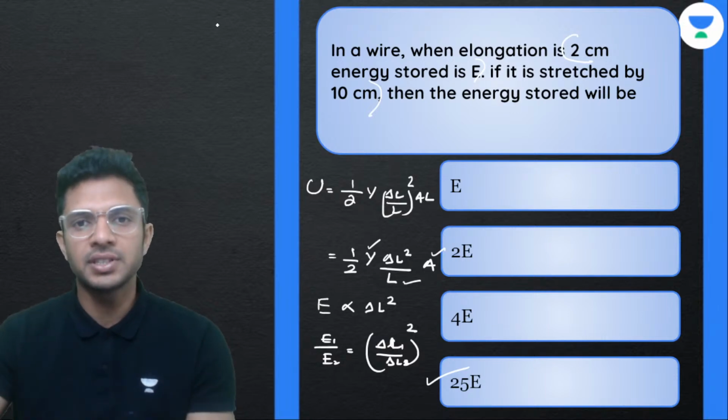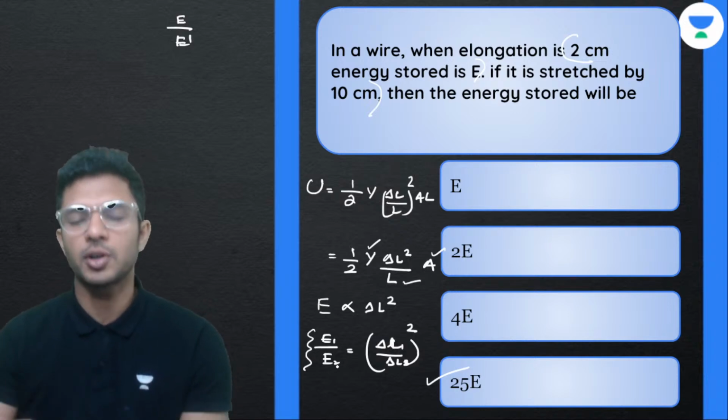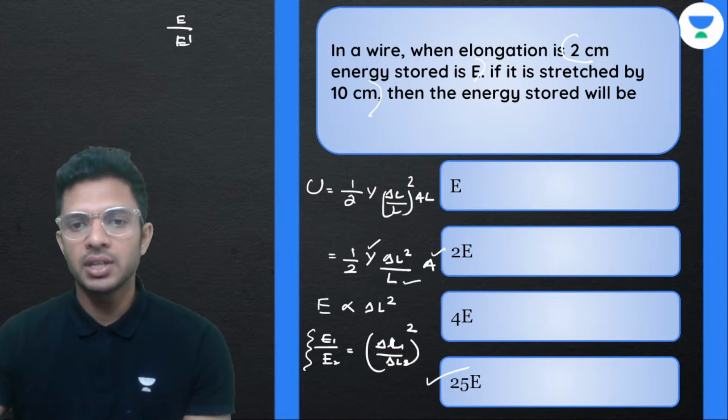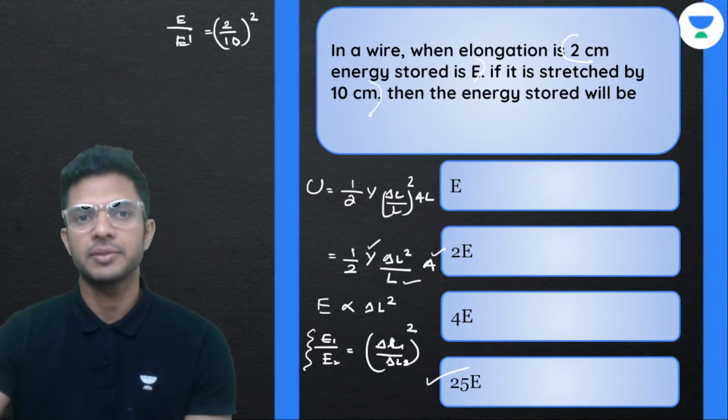What is energy in the first case? That is E. Energy in the second case, which we don't know, I'm putting it as E dash. Now I'm going to just fill in this formula. Okay. What is the change in length in the first case? 2. What is change in length in the second case? 10. So this is 2 by 10, the whole square. 2 by 10 is 1 by 5. 1 by 5 square is 1 by 25.